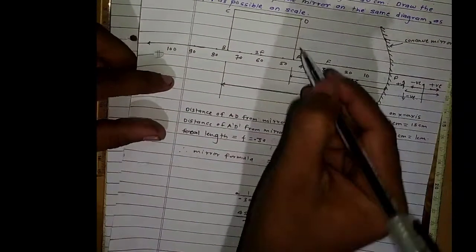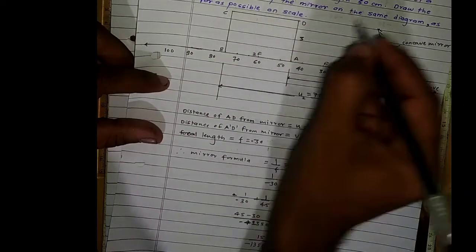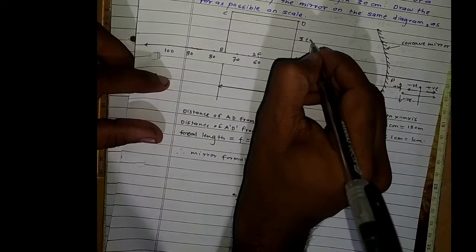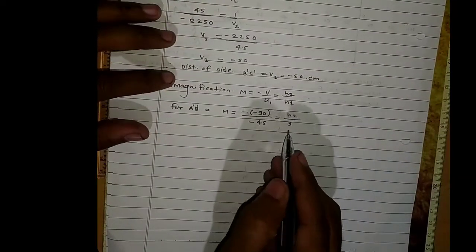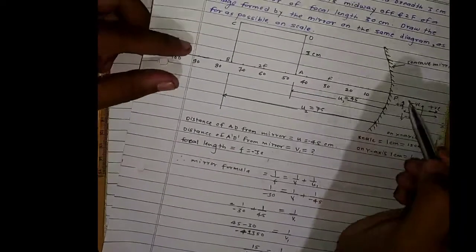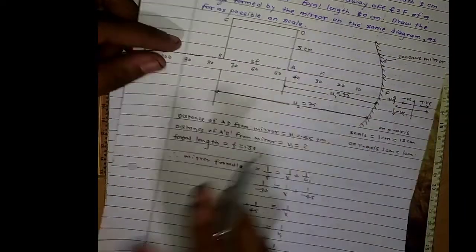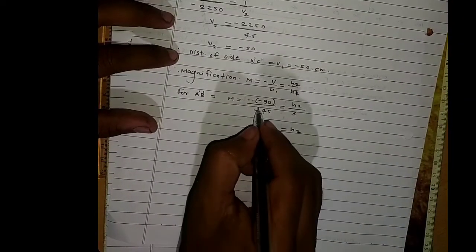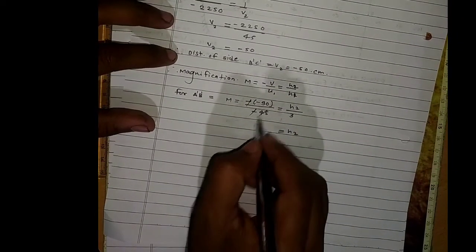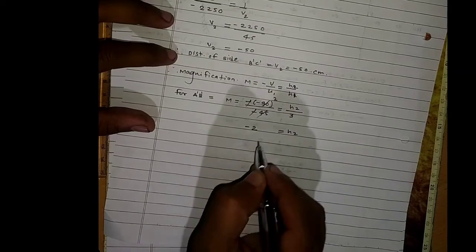We have h1, the height of the object. They have stated 3 centimeter. Why have we taken it positive? Because it is on the upper side of the principal axis. So just find out the value for h2. Here the minus cancels, 45 2 za, so you will get -2.